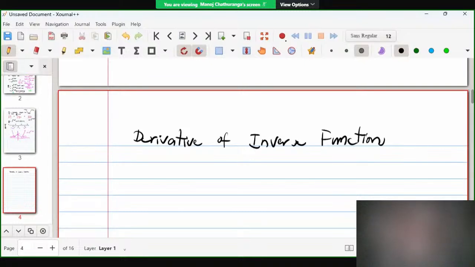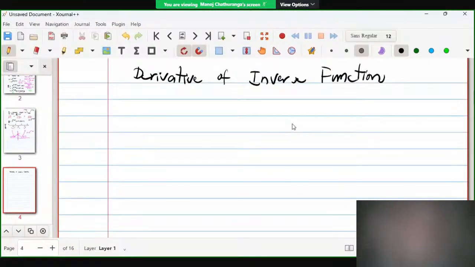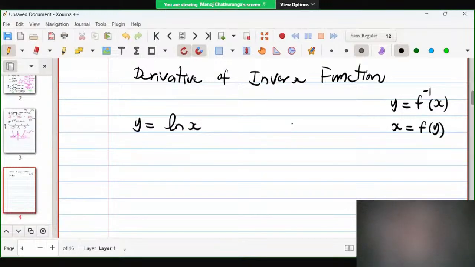Let's start with the exponential function. Let's say y equals natural log of x. This is the inverse function of e to the power of x. So if y equals f inverse of x, then x equals f of y. So these are inverses of each other.